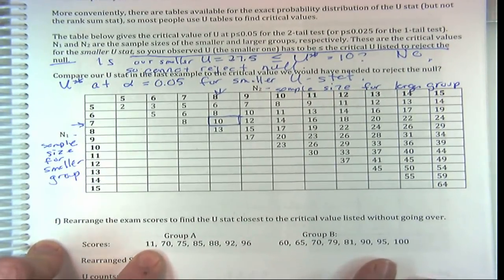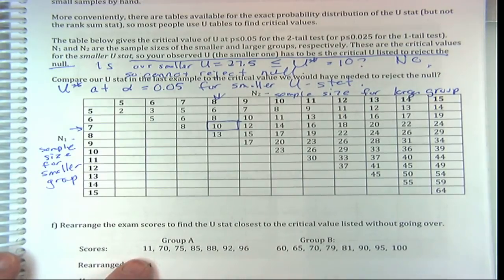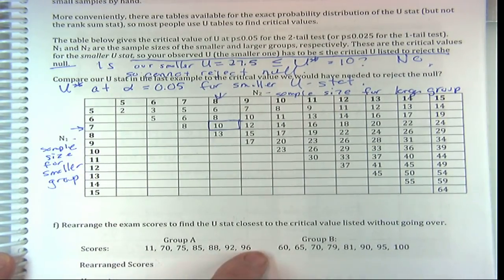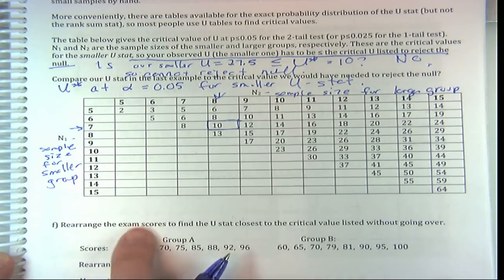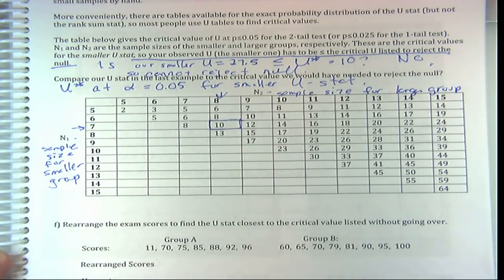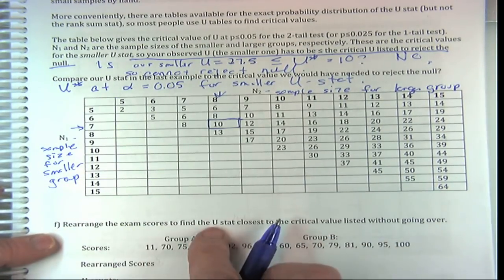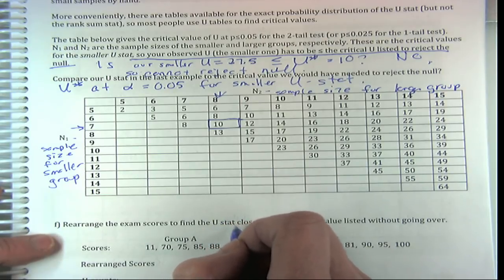Now, let's rearrange these scores so we could reject the null. Rearrange the scores to find the U-stat smallest.